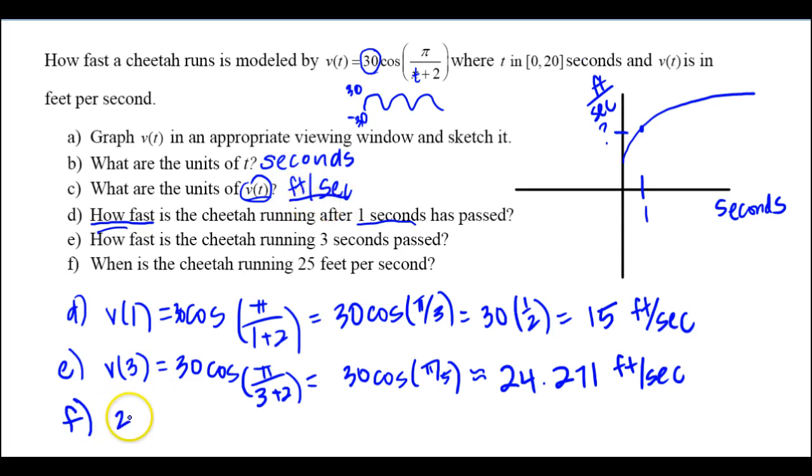So what we have to do is let 25 equal the function itself, 30 cosine of pi over t plus 2, and solve for t. We're going to solve this the same way we did the last one. We'll graph y2 as 25, and we already have the first function as y1, and we're going to find their point of intersection. So let's jump to the calculator.